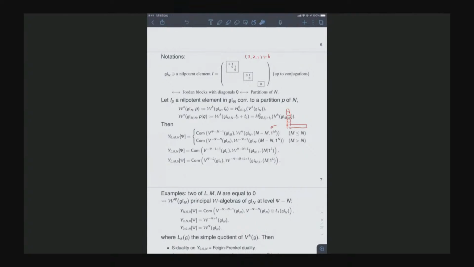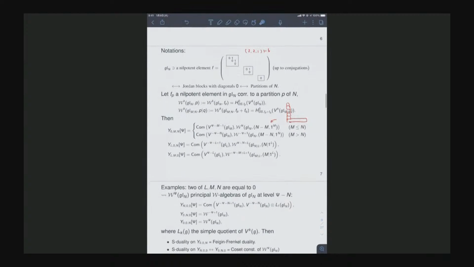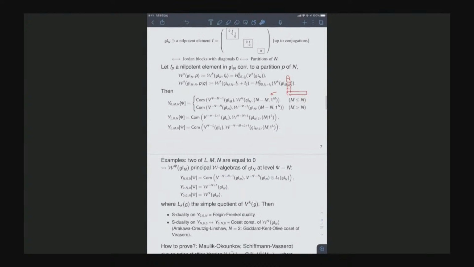Secondly, we consider the M equals 0 case. This is an affine coset inside a W superalgebra, and similarly the N equals 0 case is also defined by an affine coset inside a W superalgebra.